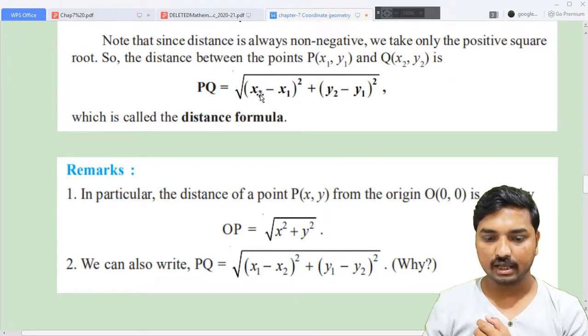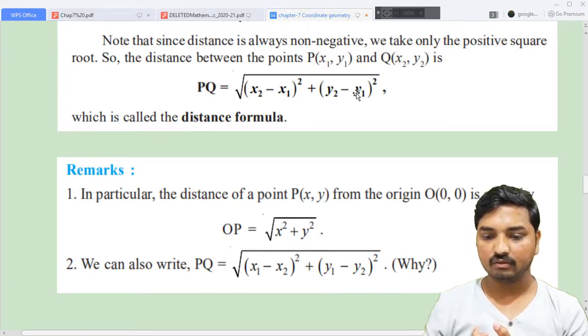Now look at it, x2 means x minus x1. x1 means 0. It will become x minus 0. x minus 0 means x itself, but the square is there, so it will become x square. That's why x square. And then the second thing, y2 is actually y now.